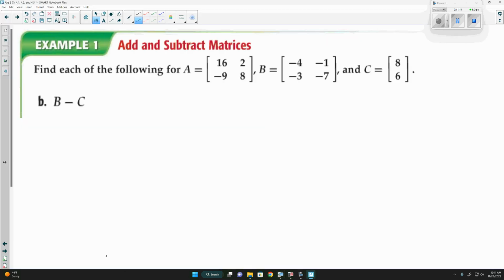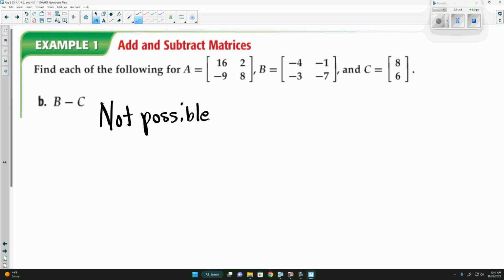Because again, as we said, for addition and subtraction, the dimensions have to be the same. So for this here, it is not possible. Because for us to be able to add or subtract, the dimensions have to be the exact same. Questions on this here?